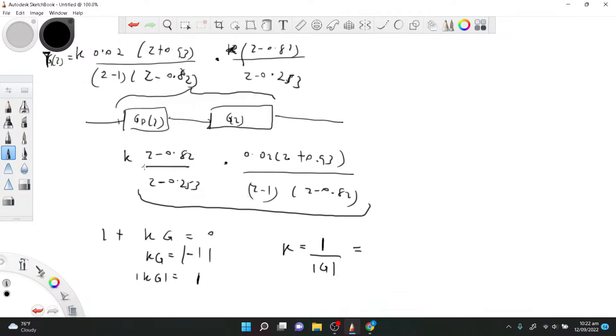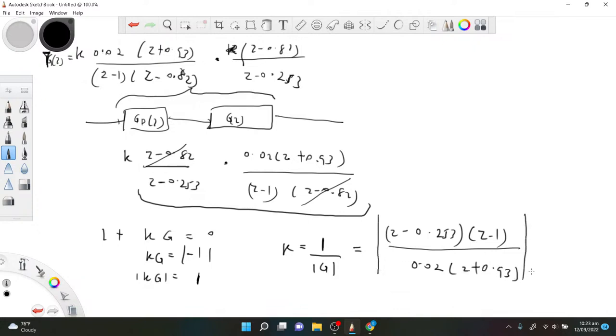You see that this will cancel this here, and now the poles come to the top. So now I'll have Z minus 0.253, because I'm inverting it, times Z minus 1 over 0.02 times Z plus 0.93, and you find the magnitude of this at Z equal to our desired closed loop pole, that's 0.52 plus j 0.43.